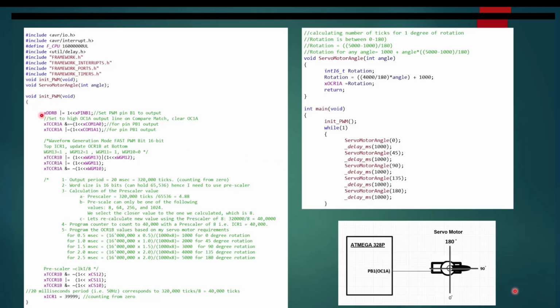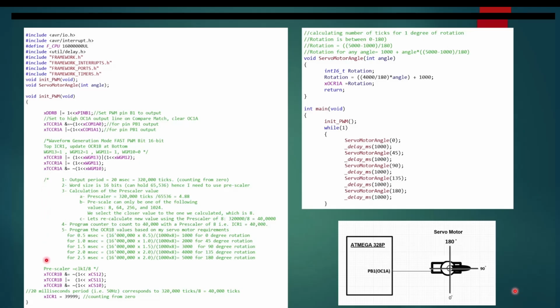So that's what these 3 lines of code are doing. Next, these following 3 lines of code, what they do is they set the pulse width modulation mode to fast PWM, and also sets all the parameters needed to get the correct pulse, which I already explained previously.